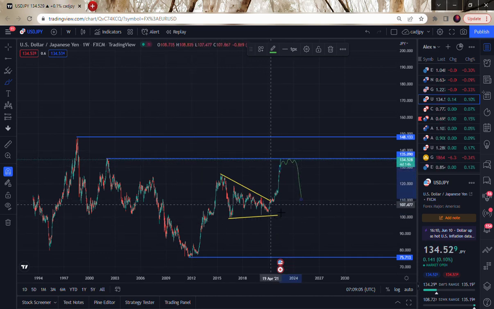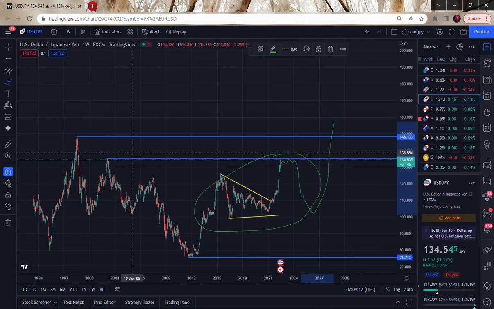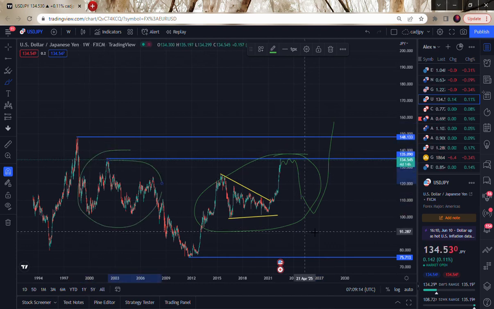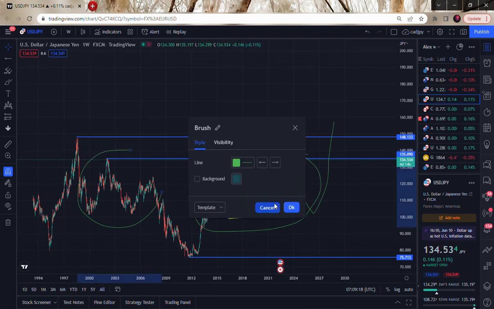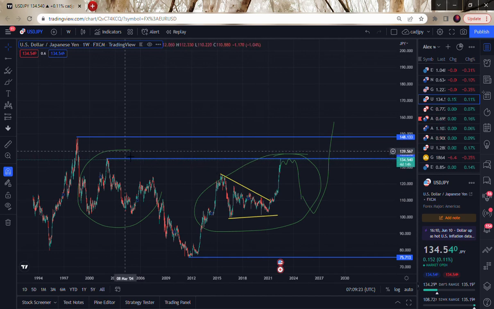Then we can have this as a bigger correction, something like this, and then it can push to the upside. So now from here, let me quickly remove this.